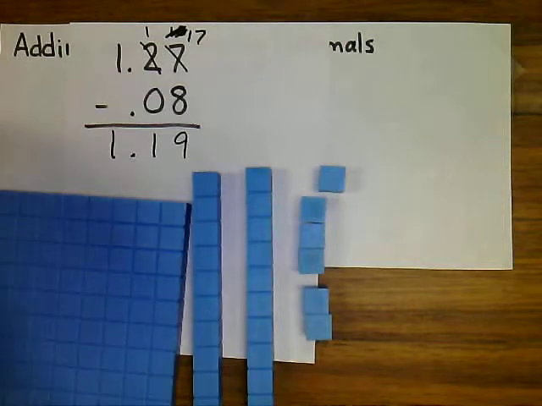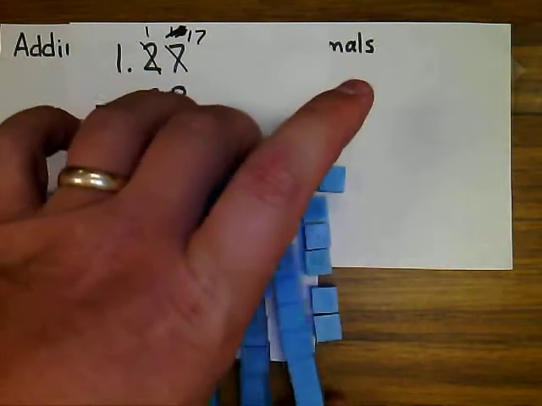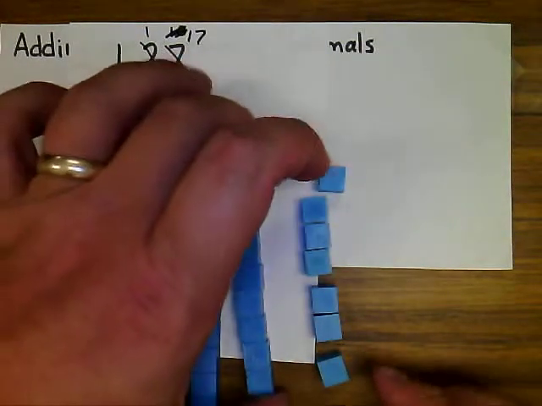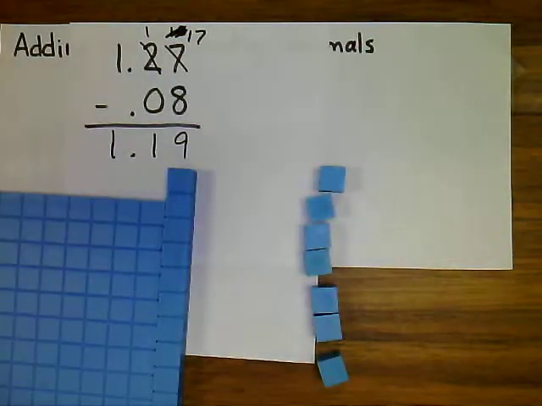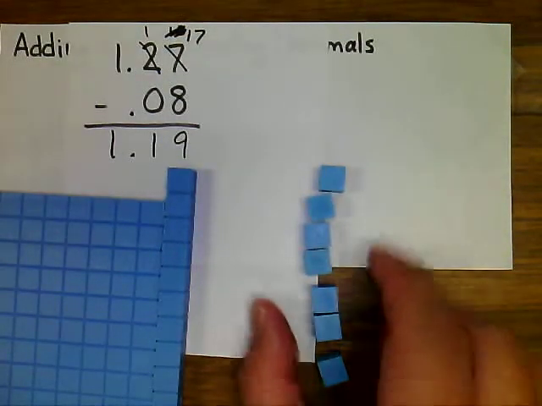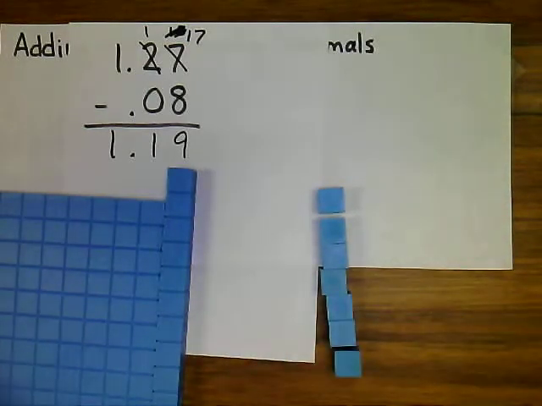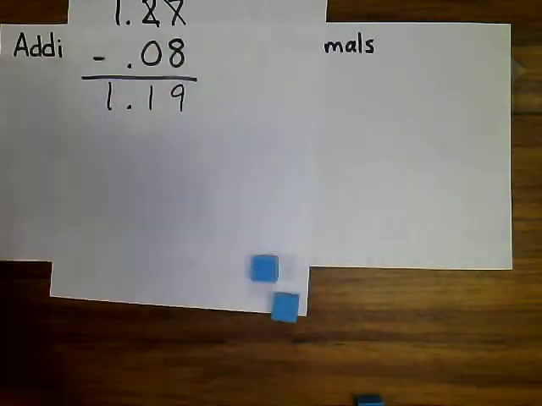Because we can't subtract 8 hundredths from that, we're going to trade one of those rods for 10 individual pieces, and then we can subtract 8, leaving us with 1 and 19 hundredths.